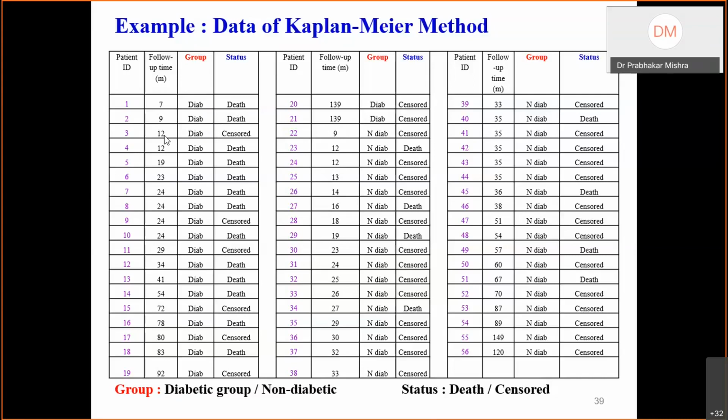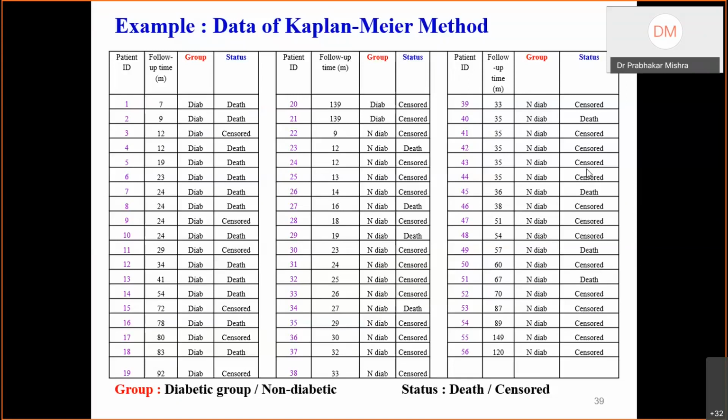Third patient, 12 months follow-up, was diabetic and was ultimately censored: either lost to follow-up, or survived to the end of the study, or changed hospital, or died due to some other cause not related to kidney cancer in this example. Like this is the follow-up of the 56 patients, and whether they are diabetic or non-diabetic and their status are also given.